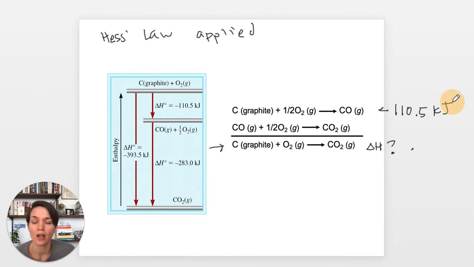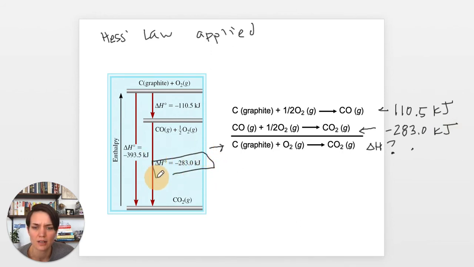And we know that carbon monoxide and molecular oxygen combining to form carbon dioxide is negative 283.0 kilojoules, right? And I'm just taking those values off of this chart here. So this would be that second reaction, and this is that first reaction.